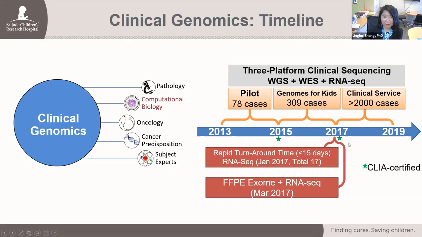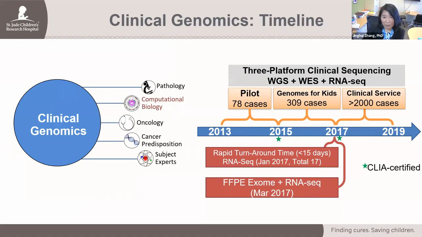In 2017, we expanded the process to include a rapid turnaround RNA-seq pipeline. This is to support the Total 17 treatment protocol for evaluating targeted therapy for high-risk leukemia patients. We also incorporated an FFPE pipeline that only includes whole exome and RNA-seq in 2017.